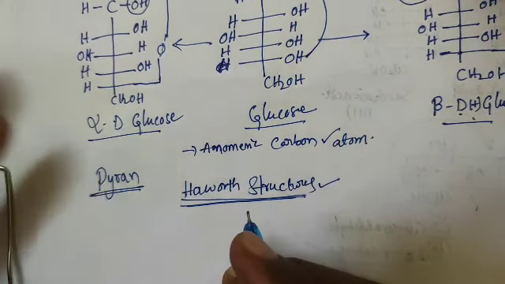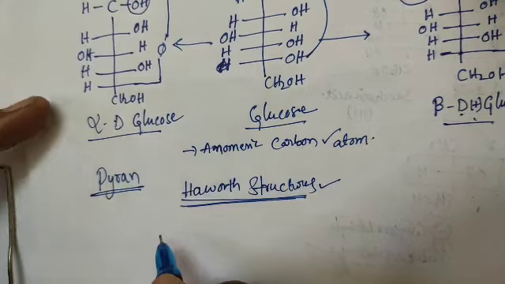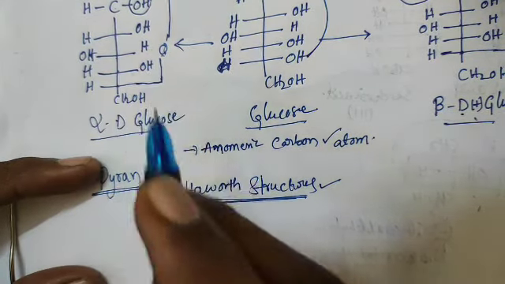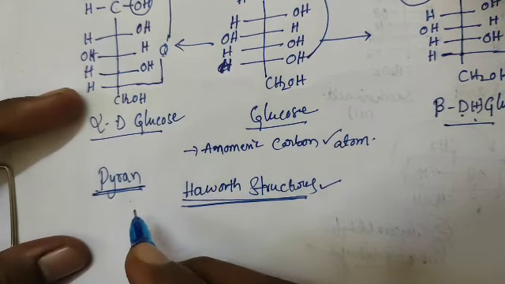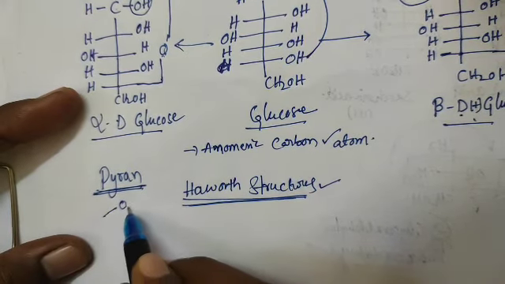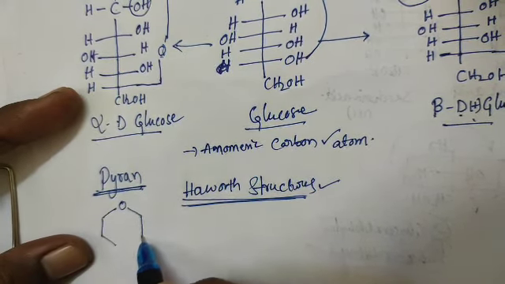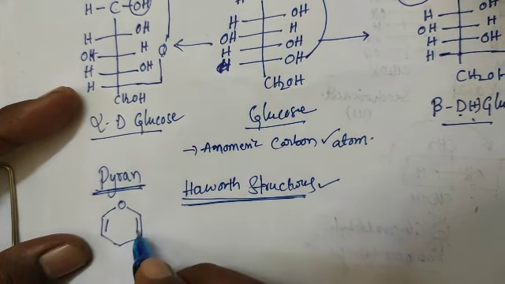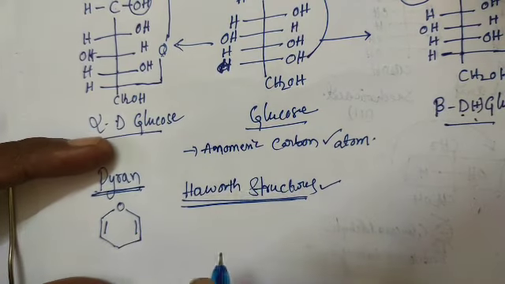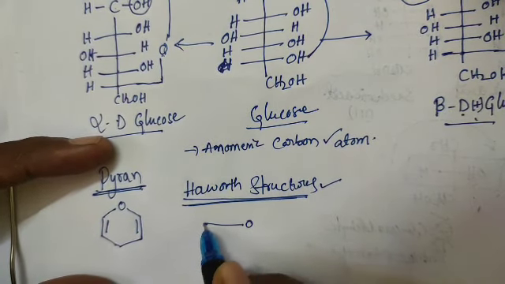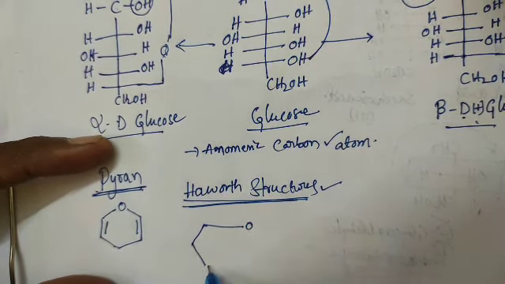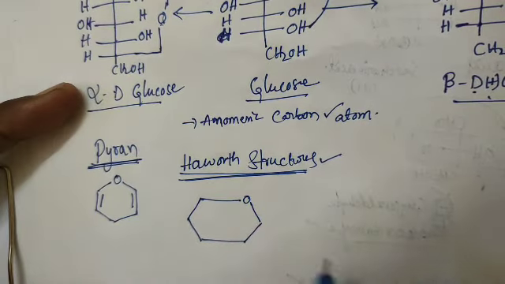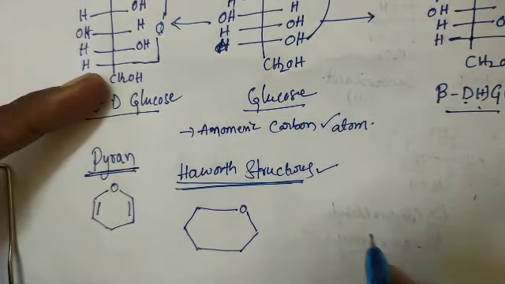So how did he write? See, these are 1 2 3 4 5 carbons and this one is 6. You know the furan structure, that is oxygen like this. According to this we will write Haworth structures like this. This is also the same. Now one more structure.